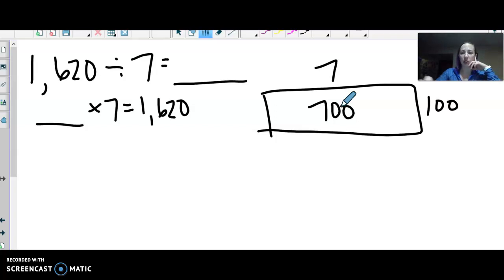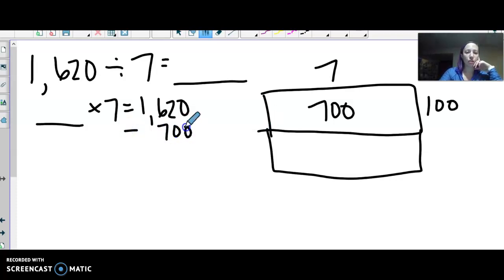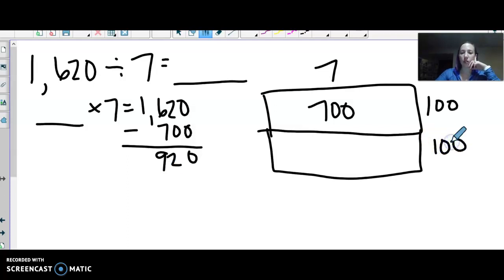And it's still smaller. So if I think, okay, could I do another 700? Well, let's see. If I subtract 700, 16 minus 7 is 9. I could do another 700. So let's do another 100 groups. It's another 700.